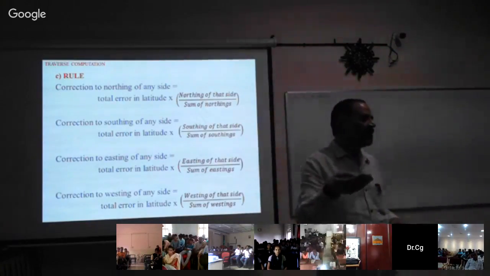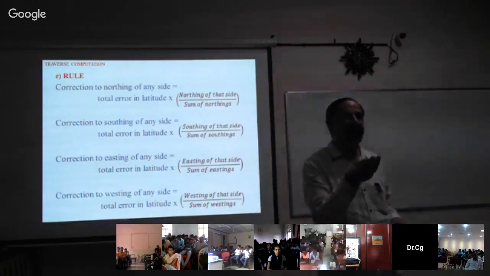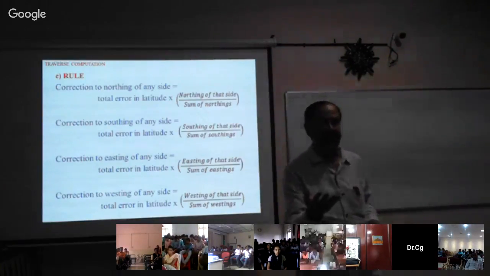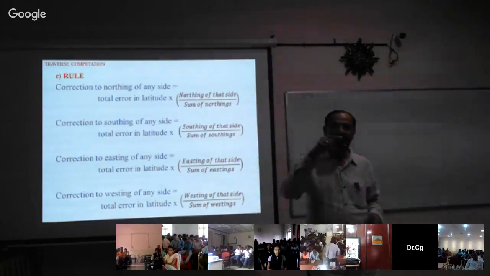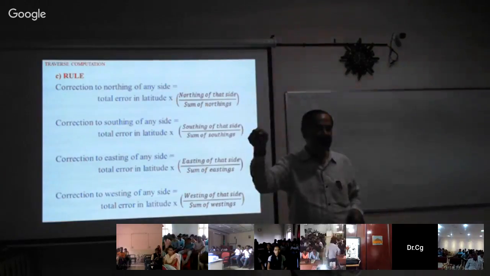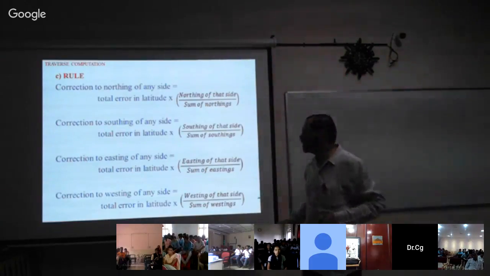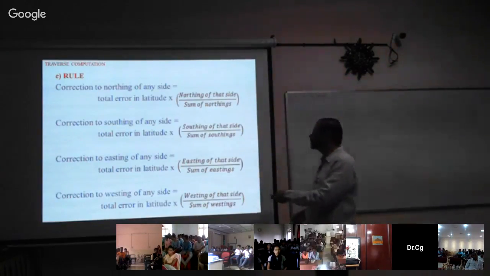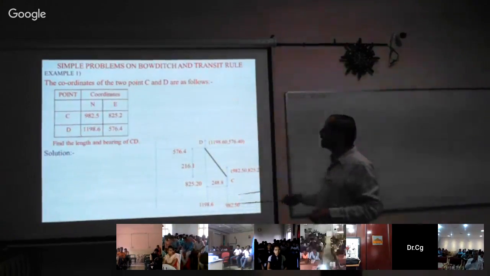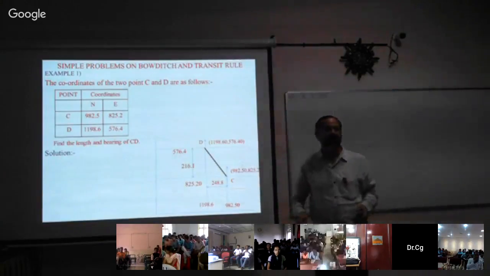The value will be distributed depending upon the precision you need. We must make A dash reach A, the original station. Okay.